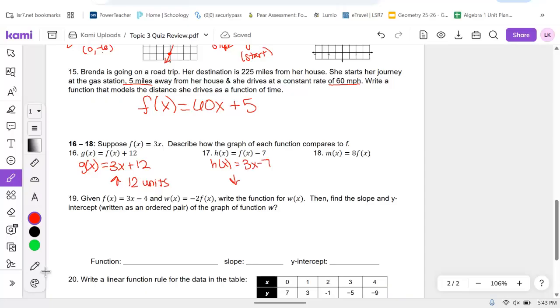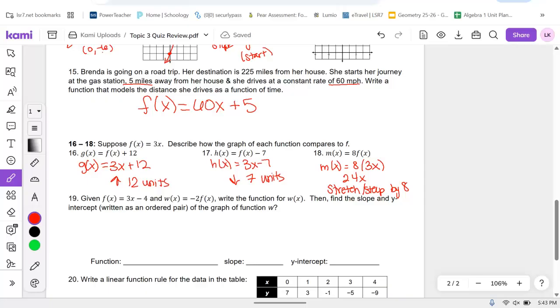So that means the graph is going down 7 units. m of x equals 8 times f of x. So that is m of x equals 8 times 3x, which is 24x. So it is a stretch, or steeper, by 8.